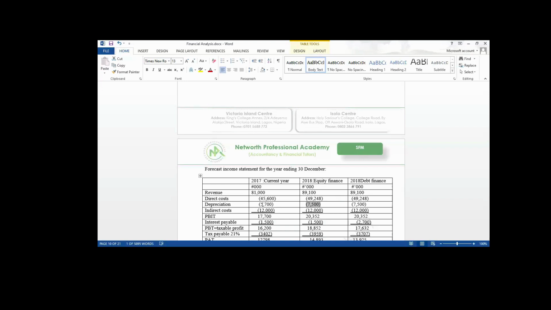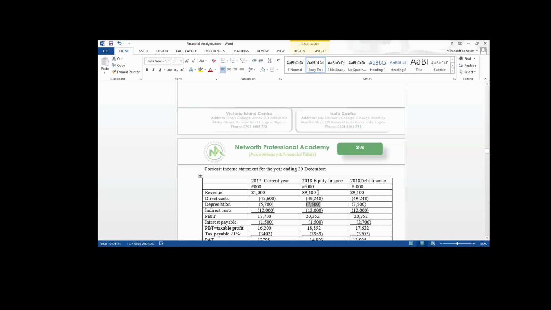On the existing asset, depreciation is 5.7. 5.7 plus 1.8 will give you 7.5 million. That explains how we have gotten 7.5.